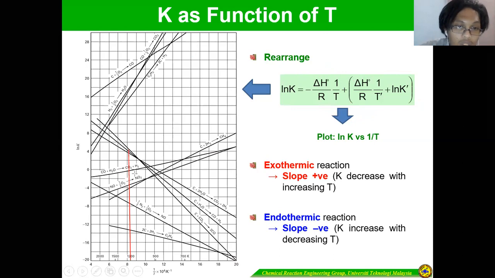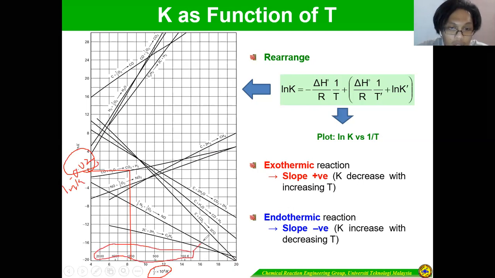For which reaction, for example this one, CO, at 1200 Kelvin, we can get this value, around negative 0.02, this one is ln K. The x-axis you can refer to as 1 divided by T, or just T in Kelvin.